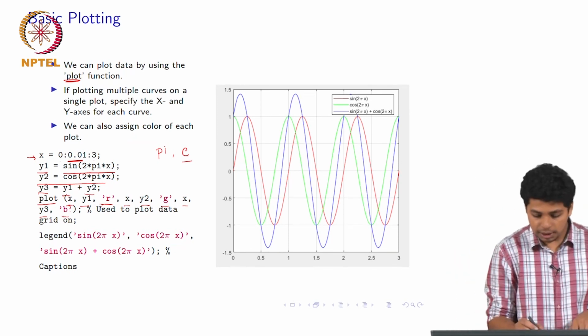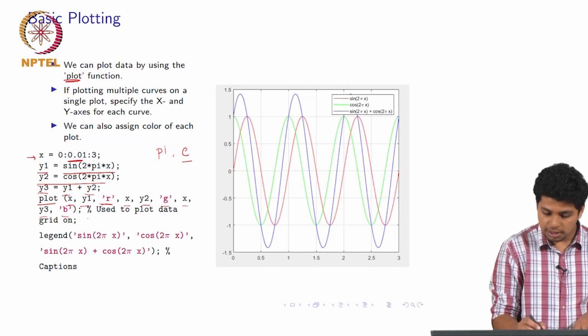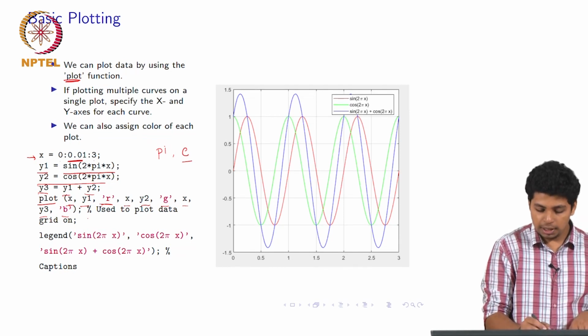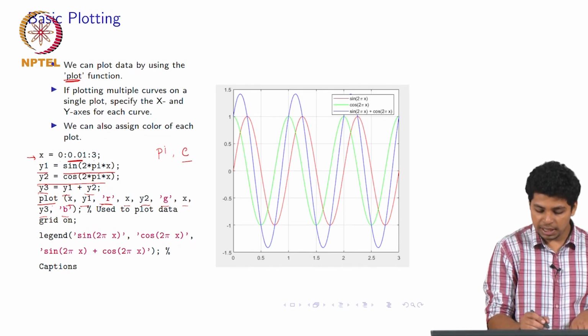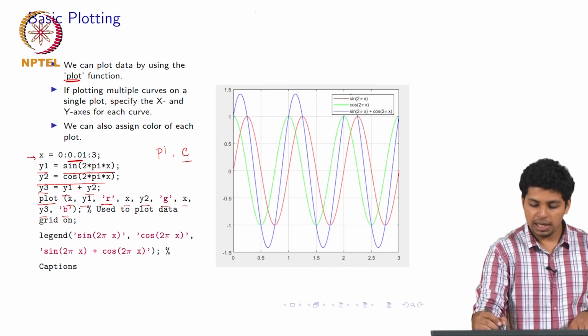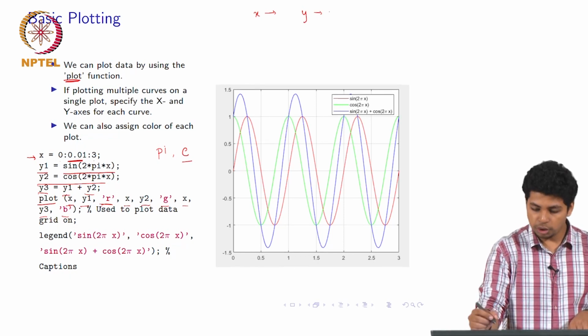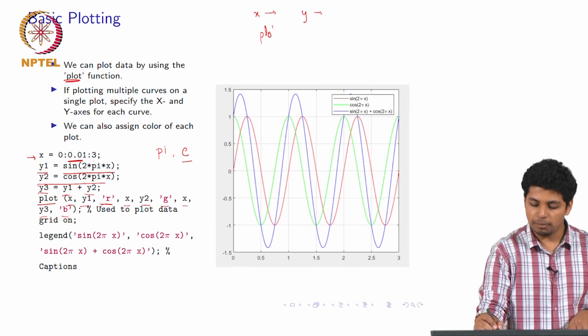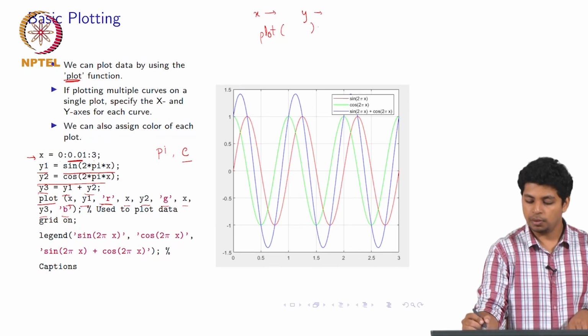What that basically is saying is, you should always enter your variables as an ordered pair. Say you have x values as your input and you have y values as output. Whenever you use the plot command, we should always specify an ordered pair like this.